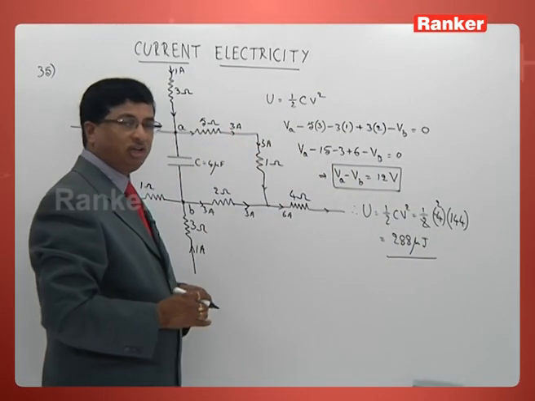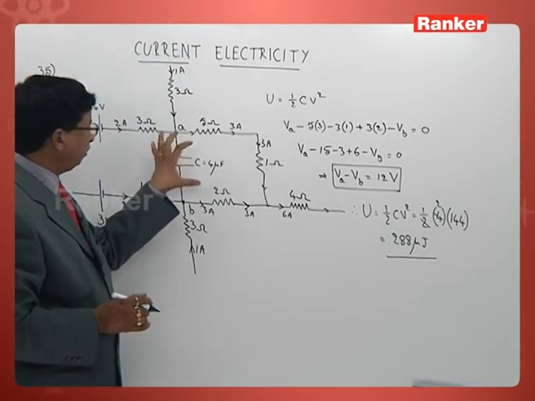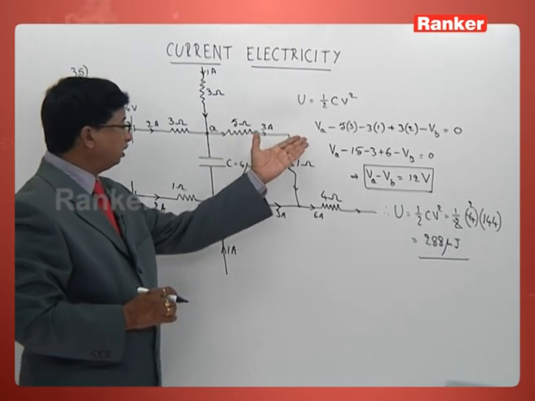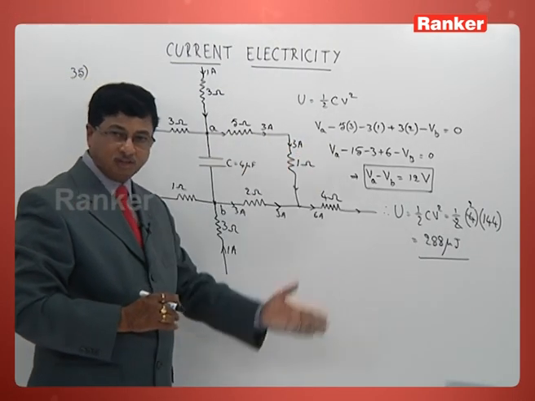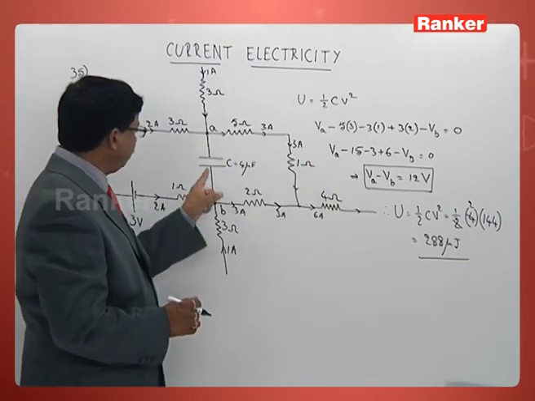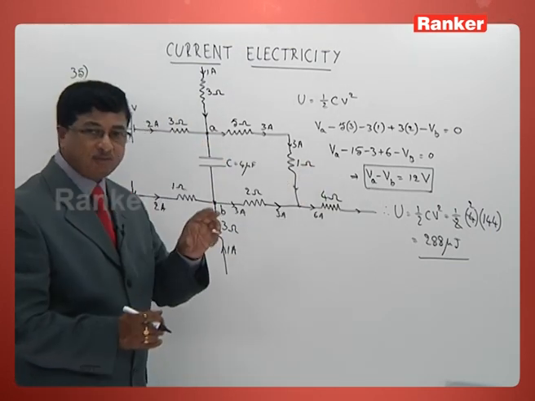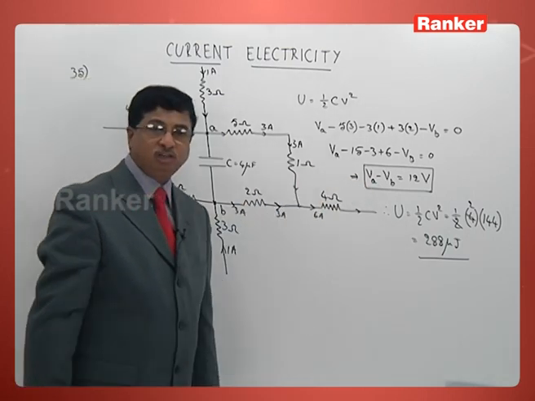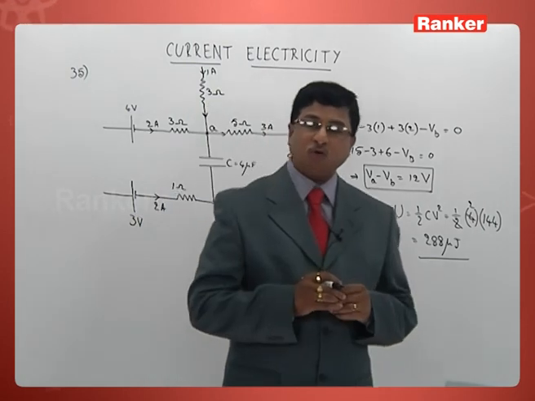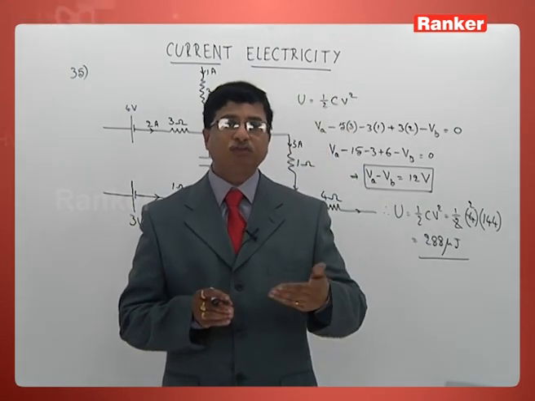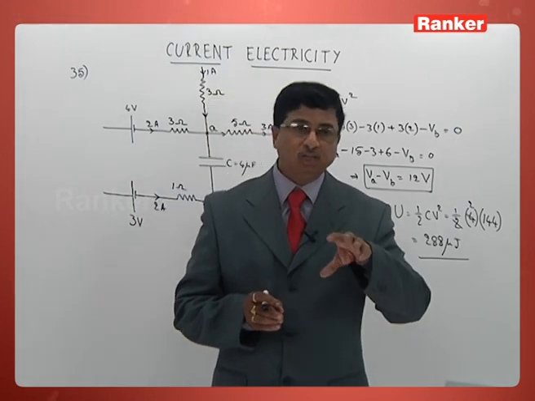So what is the total energy that is stored in the capacitor? Suppose if they ask you, you just have to apply the concept of second law of Kirchhoff, and calculate using that second law the potential difference across the plates of the capacitor. That of course we have got as 12 volt here. After getting the 12 volt, half CV square formula we all know is for the energy stored in a capacitor.